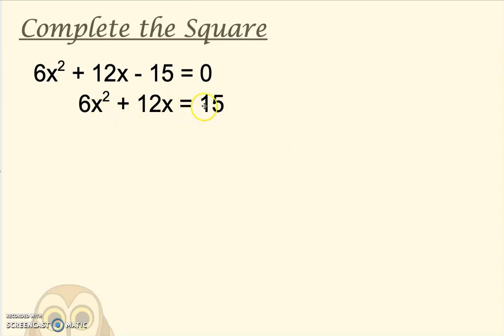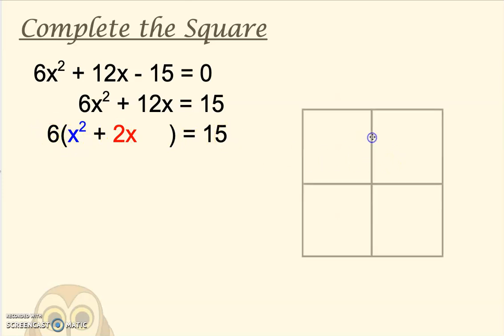I can divide everything by 6, or I can factor or pull out a 6. And in this case, with conics, you're going to want to pull it out. And you'll see why when we get to parabolas and ellipses and hyperbolas. So I'm going to pull that 6 out. And I have 6 times the quantity of x squared plus 2x equals 15.